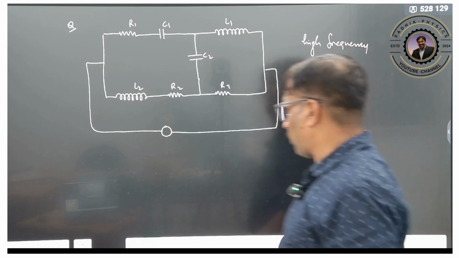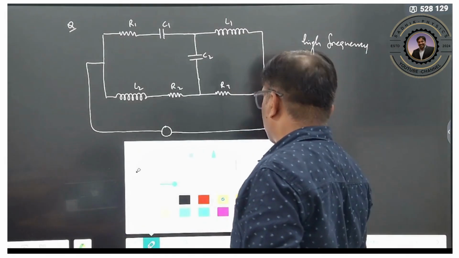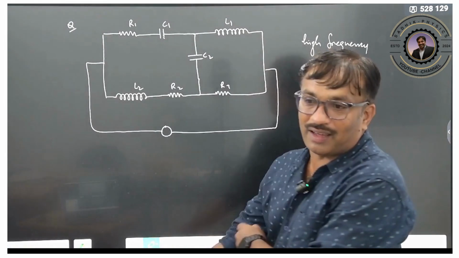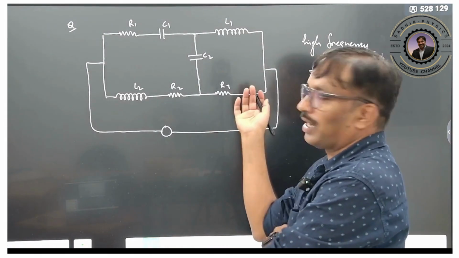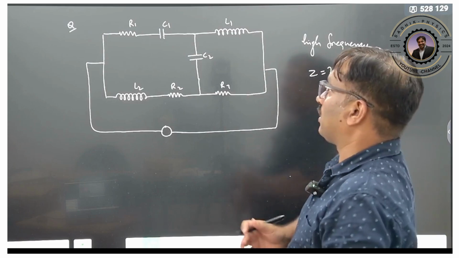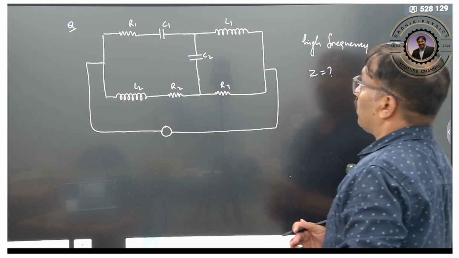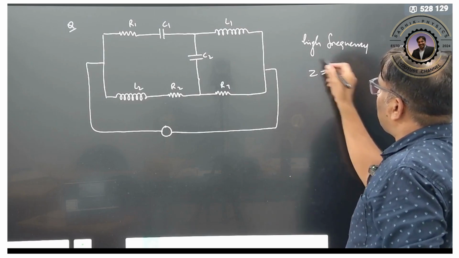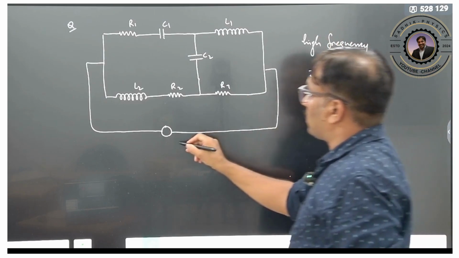Yeah, therefore this type of question looks like a very difficult question, but it's a very simple one. Let us see. He is asking what will be the impedance at high frequency. Frequency is very high here.